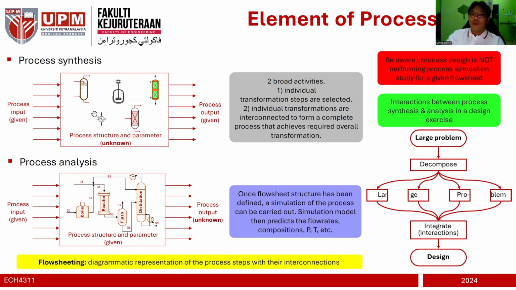In this case, you probably need, for example, two reactors, and you need to specify temperature, pressure, and stuff like that. So the process structure and the parameters are unknown. It's up to you, the process design engineer, to design a workable process in order to convert this into this.